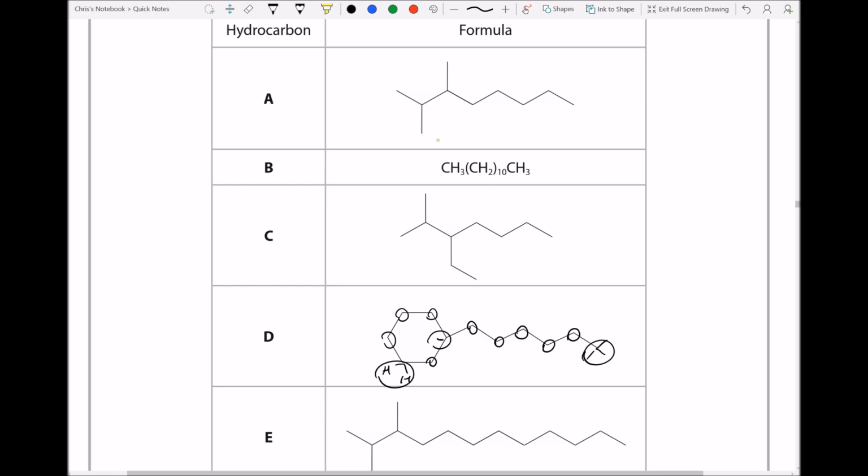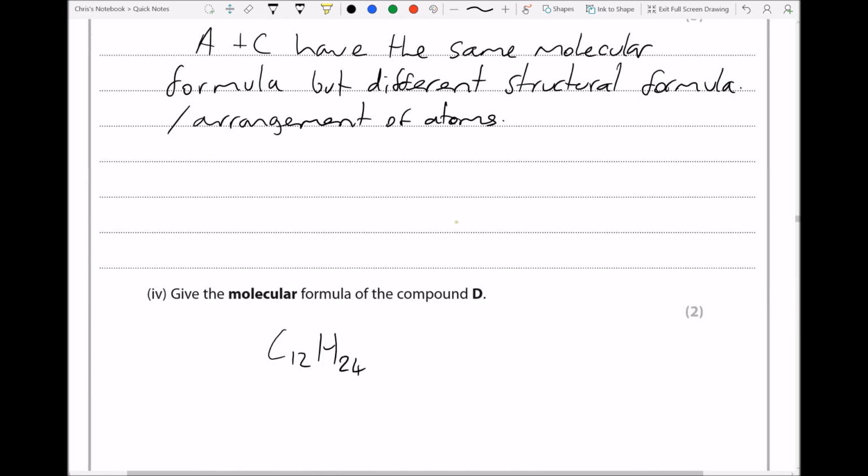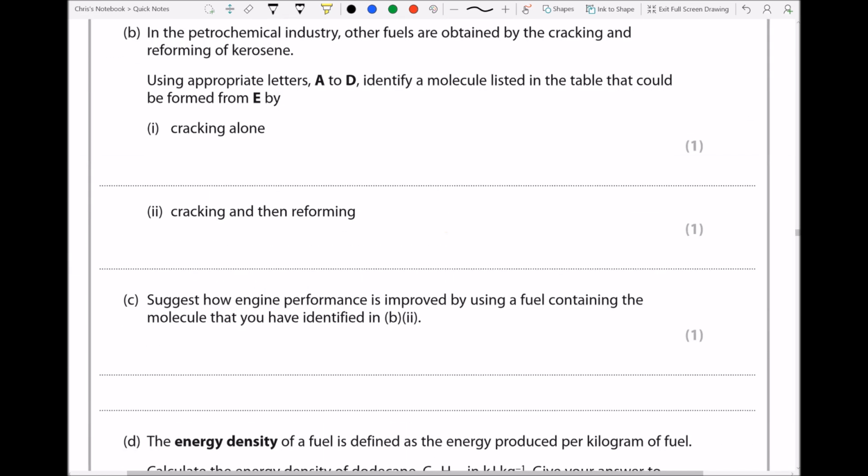This one is shorter as well. If you count the number of carbons and hydrogens in here, it'll be less than this one here, and that's just basically a straight chain alkane. But what we can't do is add branching on like this. This one's got an additional branch added on. We can't do that through cracking. That's through reforming. So the only ones really for E are A and B. Either one of them shows cracking. So we're going to put A or B.